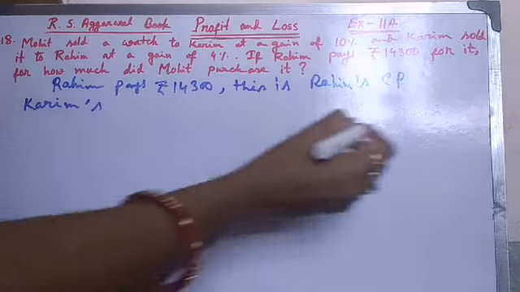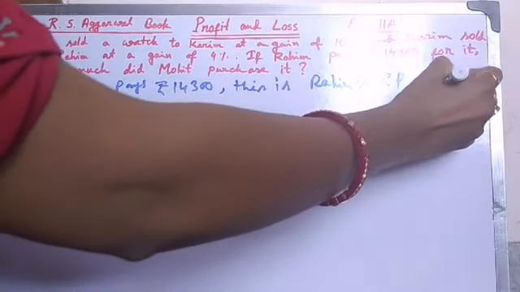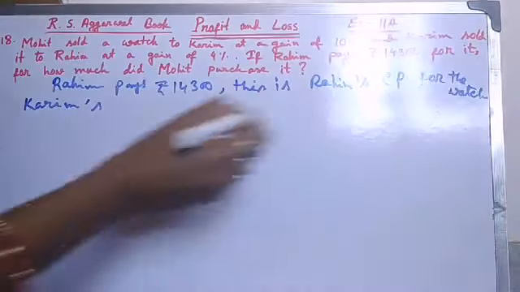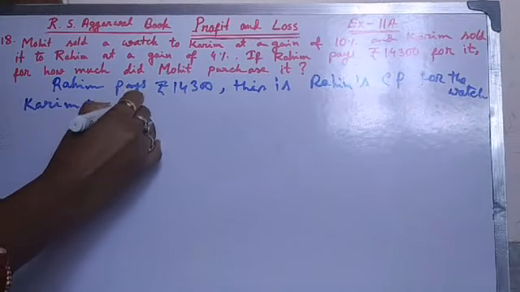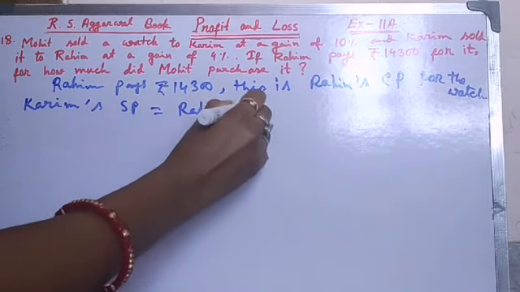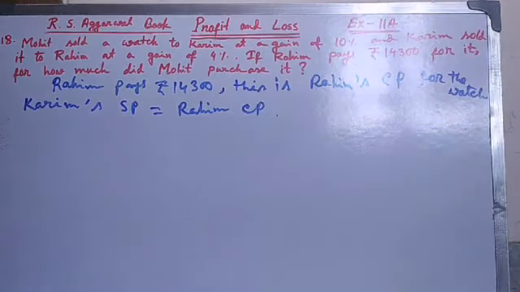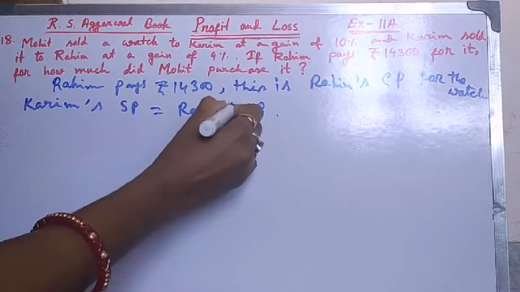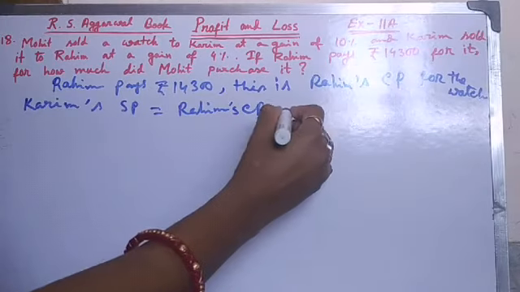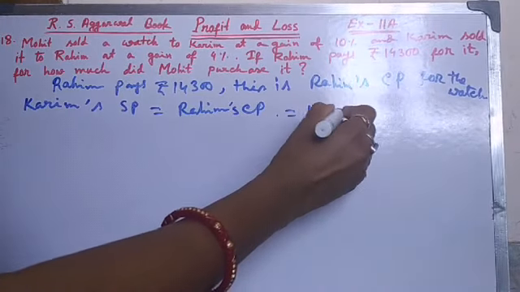Karim's SP for the watch. Karim's SP equal to Rahim's CP, equal to 14,300.